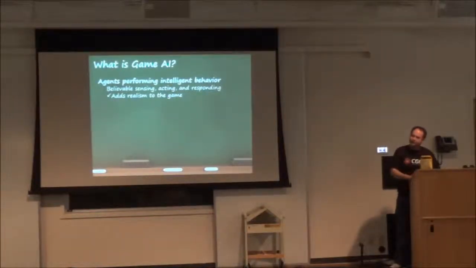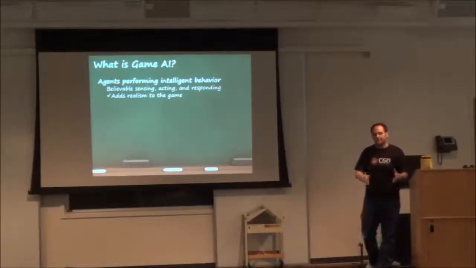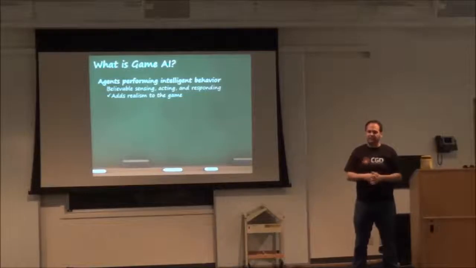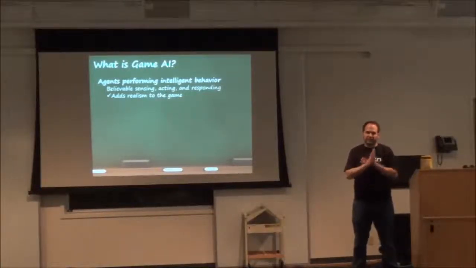So some more things that AI is: agents performing intelligent behavior. In the game AI world, an agent is any game entity that's going to have artificial intelligence. So anything that does is an agent. So characters running around, enemies patrolling an area, guards that'll run up and hit an alarm, schools of birds or fish that are flying, trying to look like real birds, flocking together and stuff. Those are agents.